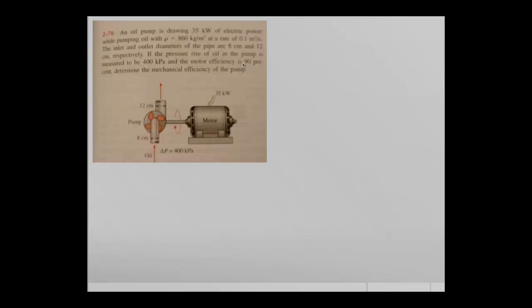We know that the pumping rate is 0.1 cubic meter per second, and the inlet and outlet have different cross sections that will affect the velocity. Since the volumetric flow rate is constant, this should change our velocity. We know that the pressure increase is 400 kilopascal, and the motor efficiency is 90%.